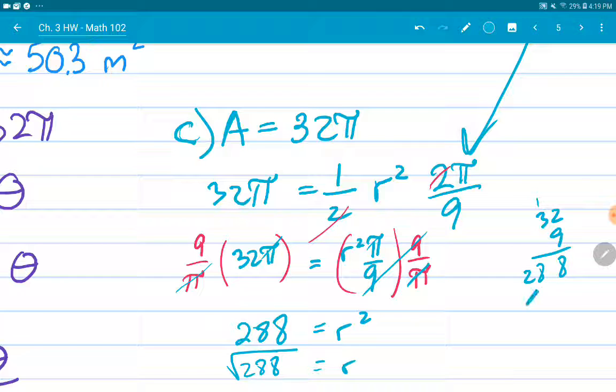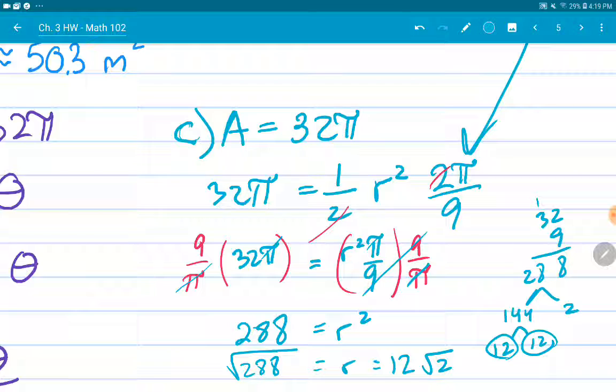Let's see, what is the square root of 288? Let's see. That breaks into 144, 12, and 12. So we got 12 squared. We can take that out of the square root, and we're left with a 2.